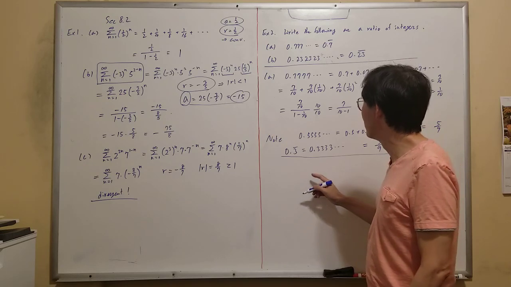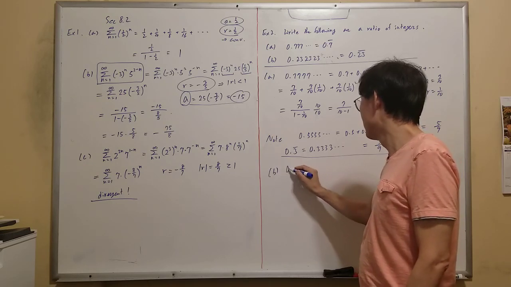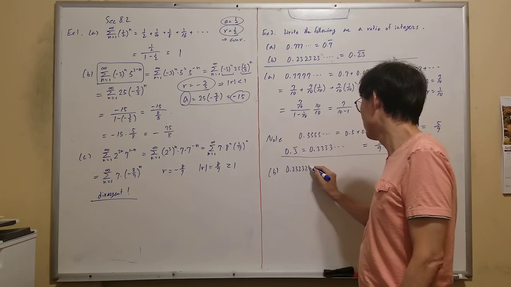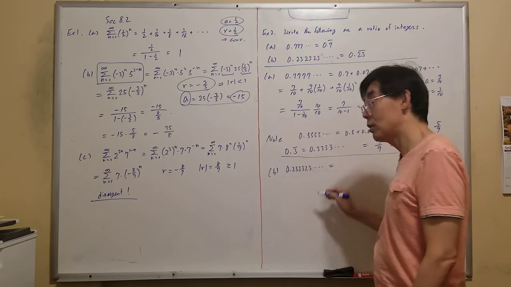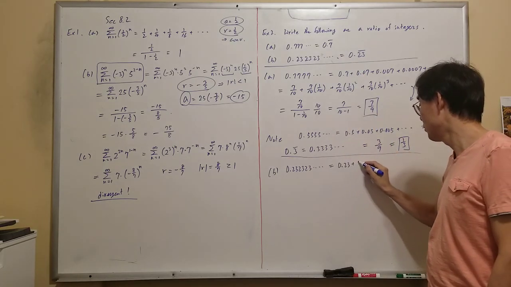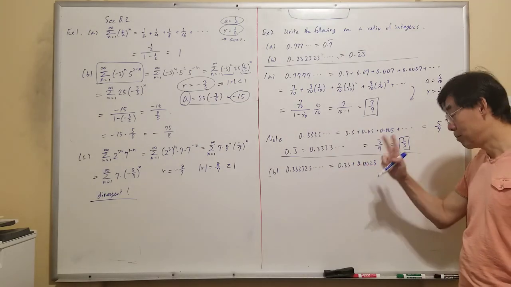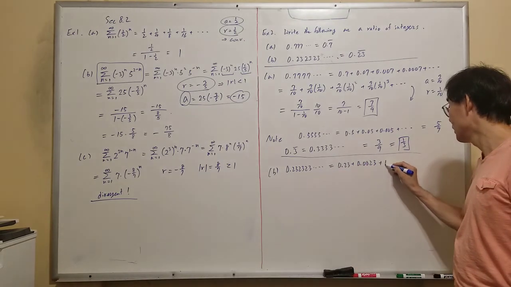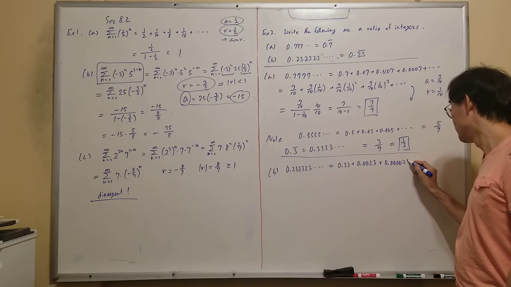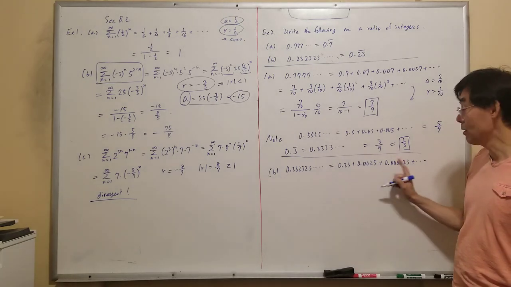And then, okay, let's do this. 0.232323. This one also can be written similarly. 0.23 plus 0.0023. So each time you go down by 2 digits, you're adding numbers 1/100th the size of the previous number.